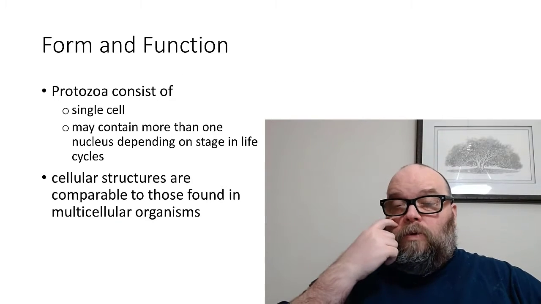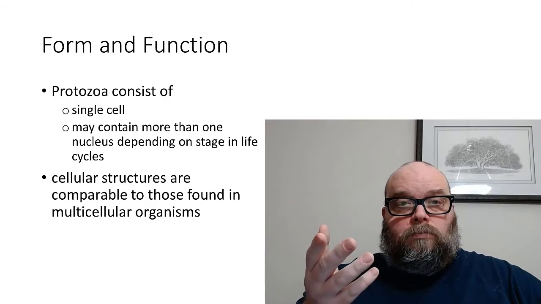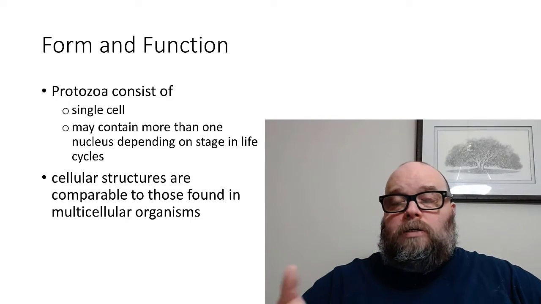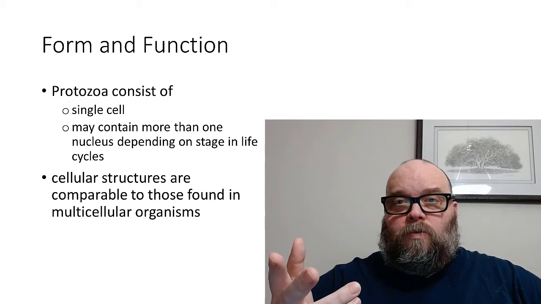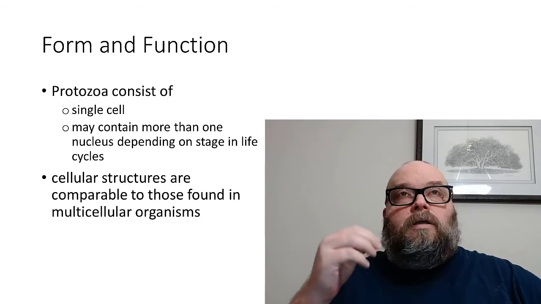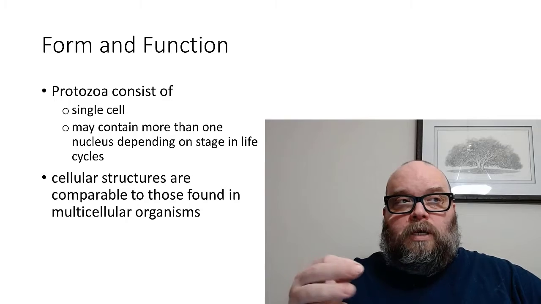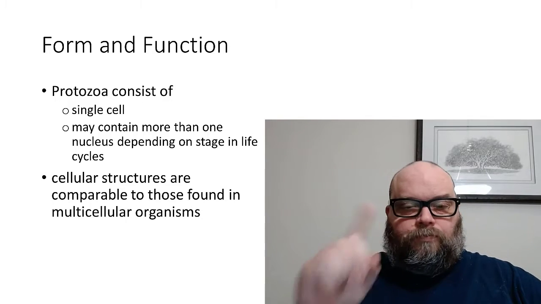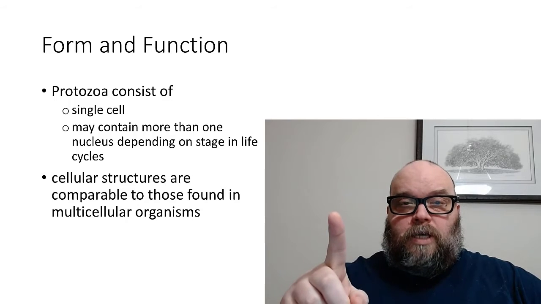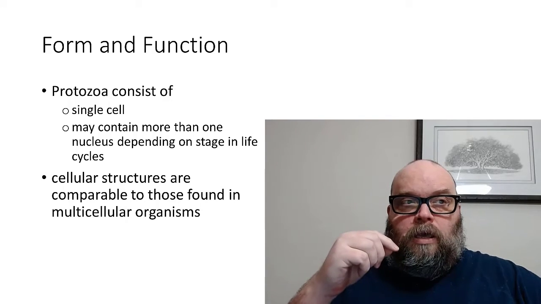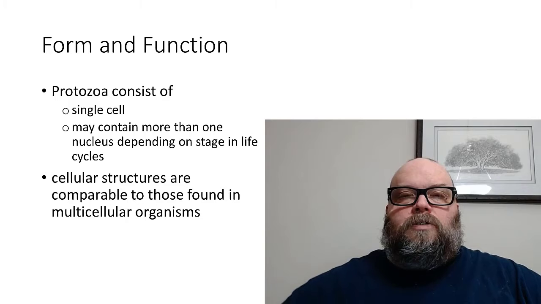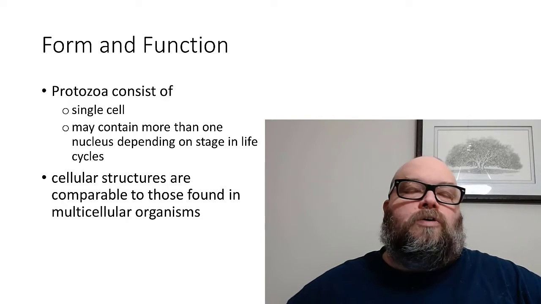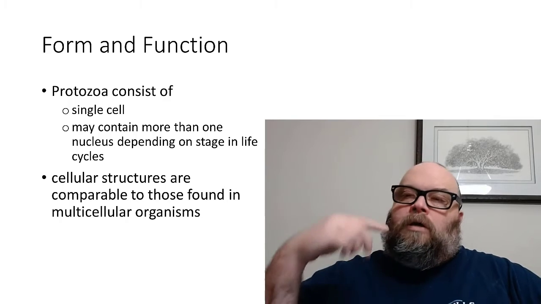We need to keep in mind when we are discussing these protozoa that we are talking eukaryotic organisms. Okay, these are eukaryotic organisms that are single cell, and there is the potential for all of the organelles that you have learned over the years.